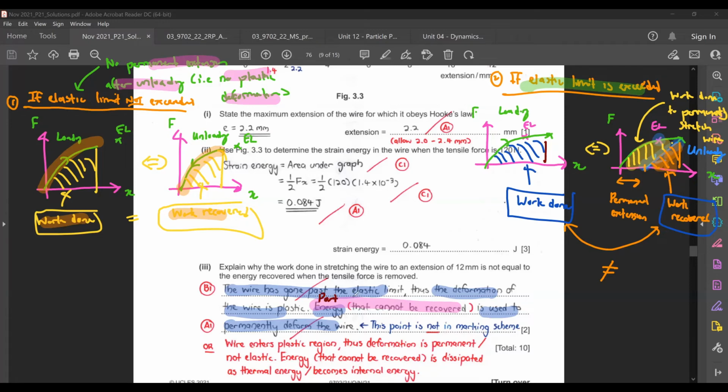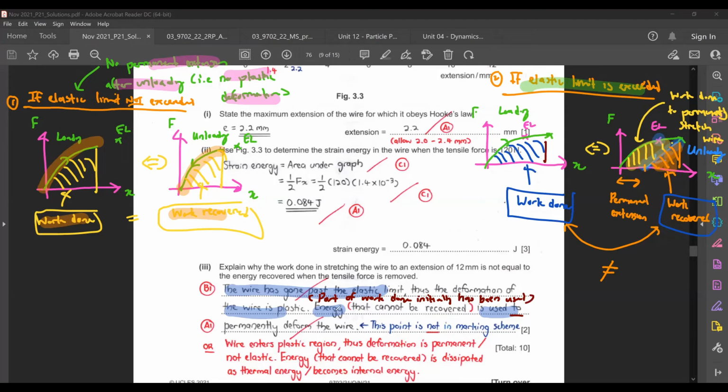You can also write this now if you want to. Part of the work done initially has been used to permanently deform the wire. You can also replace it with this statement.